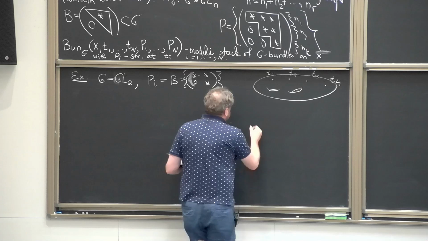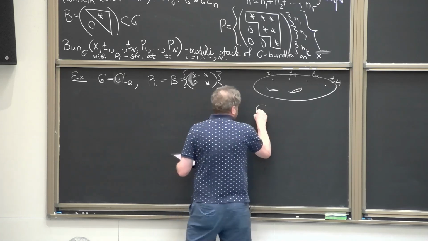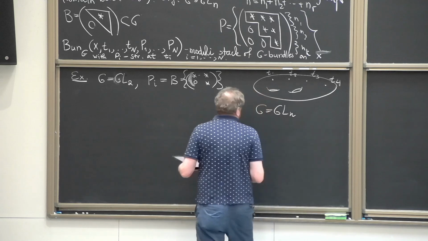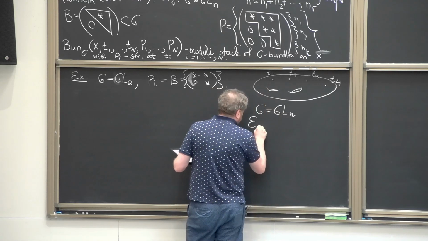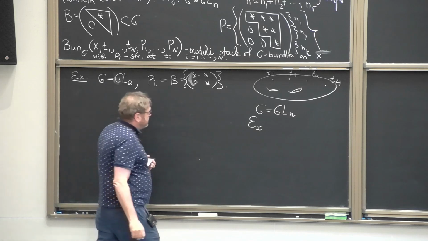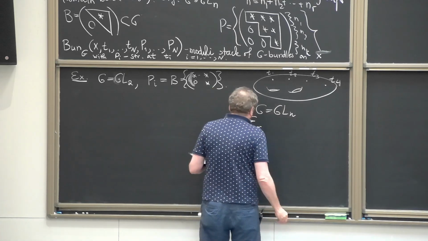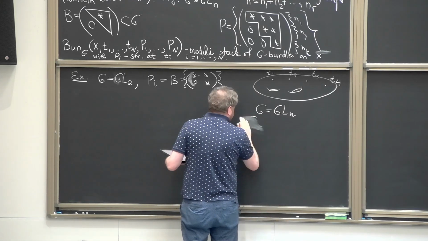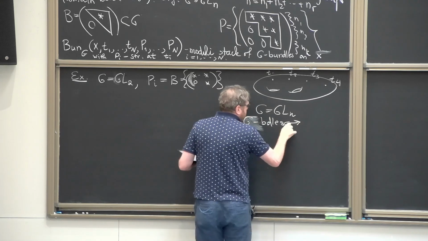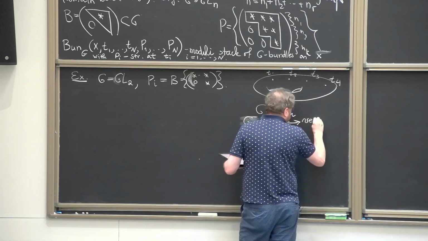Suppose G equals GL_N, then what is the fiber of the bundle E at the point x? We said that in this case, G bundles are the same thing as vector bundles of rank n.